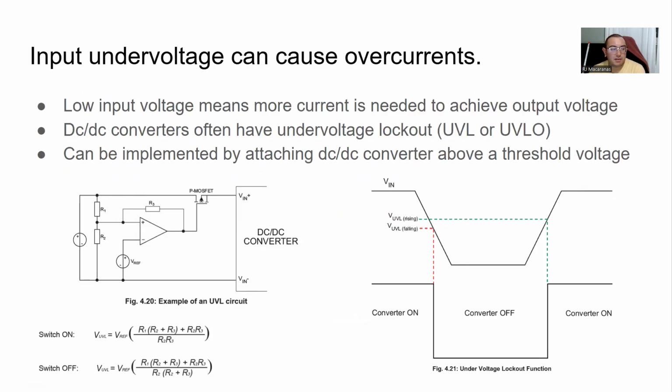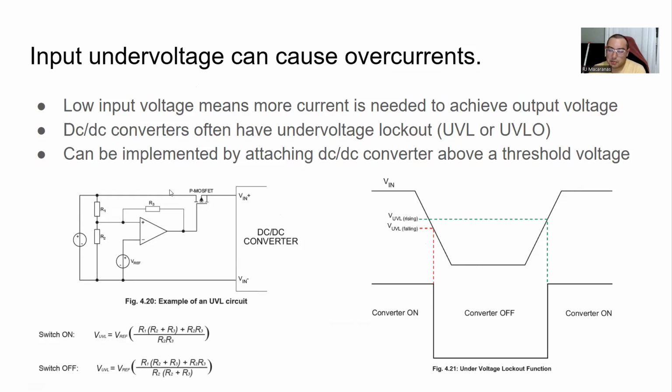All right, and then the last thing we want to talk about here is the input under voltage events, which also relate to overcurrents. When we have low input voltage, this just means that more current is needed to achieve the output voltage that we're designing for. In order to protect against these high currents, DC to DC converters, these switching regulator ICs and the like, will have an undervoltage lockout threshold.